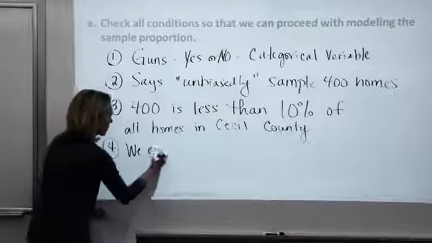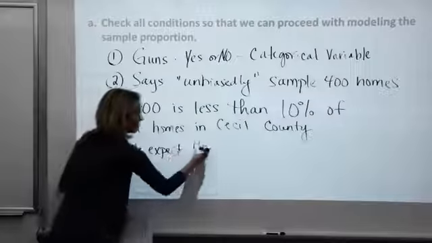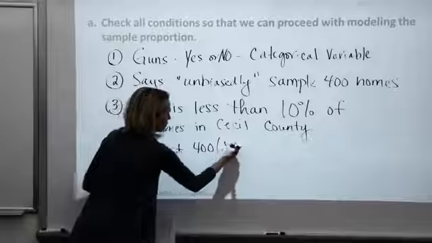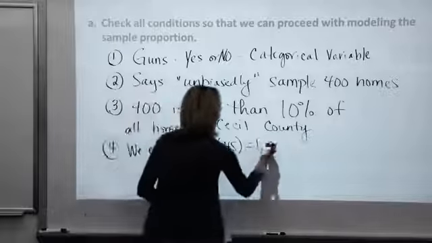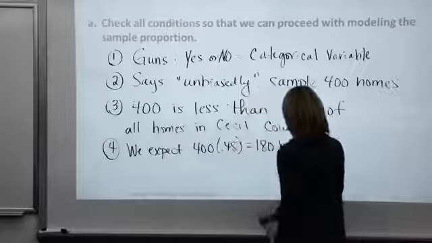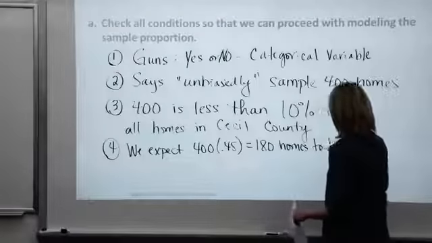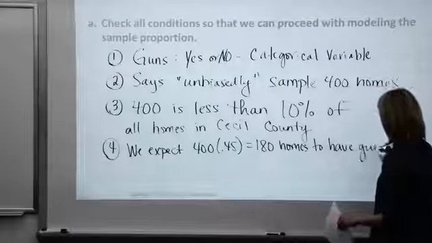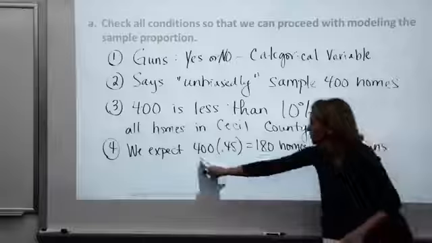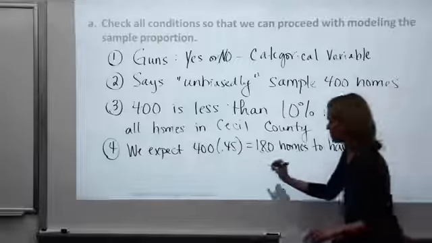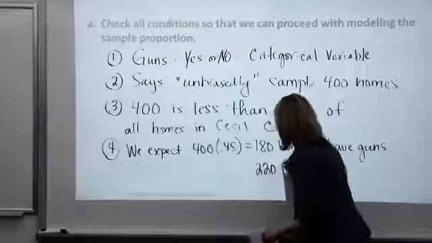So we expect 400 times 45%, 180 homes to have guns. And out of 400 homes, if 180 of them have a gun, then the other 220 homes will not.